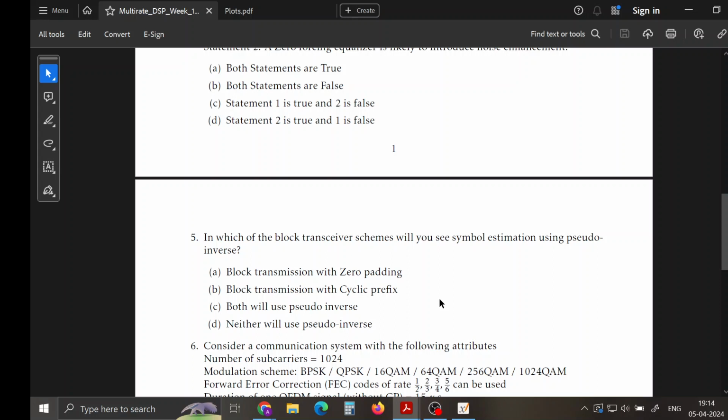Capital N equals capital M plus mu, where capital M is the number of data symbols and mu is the number of redundant symbols or zeros we are padding in the case of zero padding. That gives you a total block length of capital N.